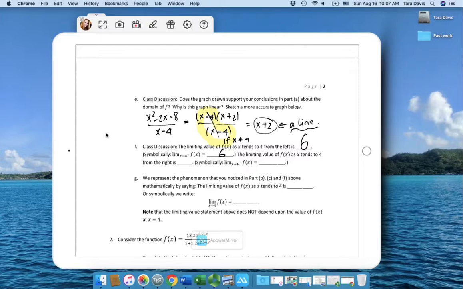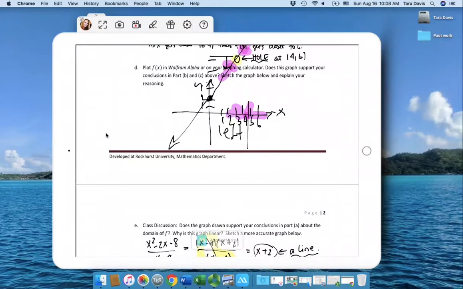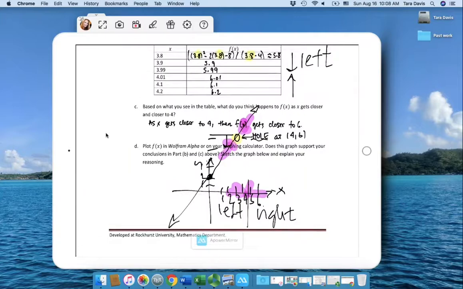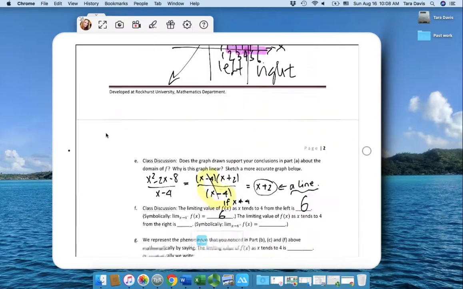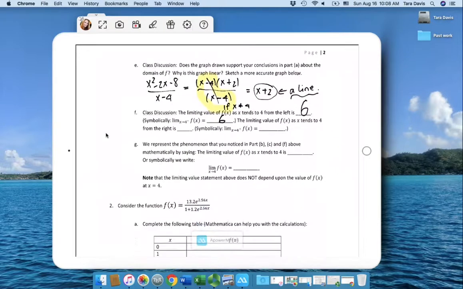of f of x equals 6. And the limiting value as x tends to 4 from the right, so similarly, the right side of 4 would be like 4.1, 4.01, stuff like that. The y values are getting closer to 6, but just slightly bigger than 6, and the limit would still equal 6.